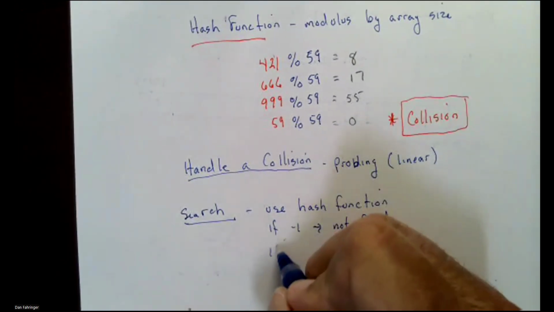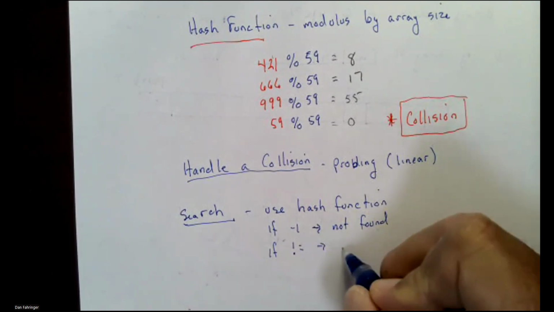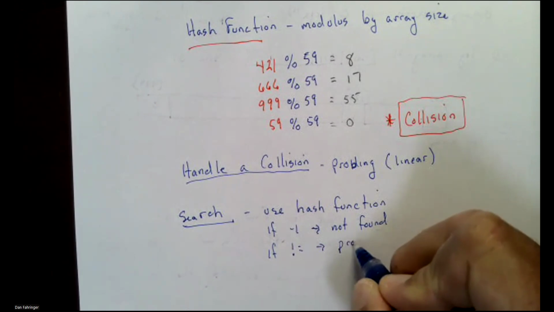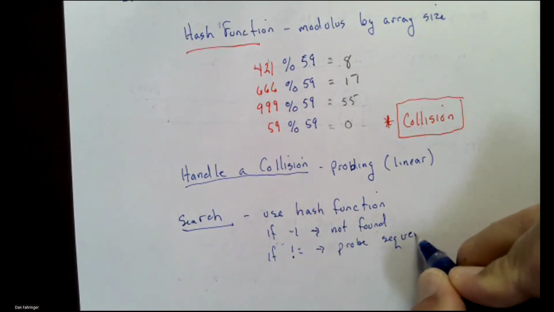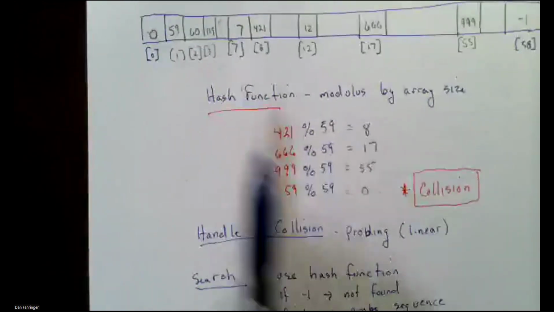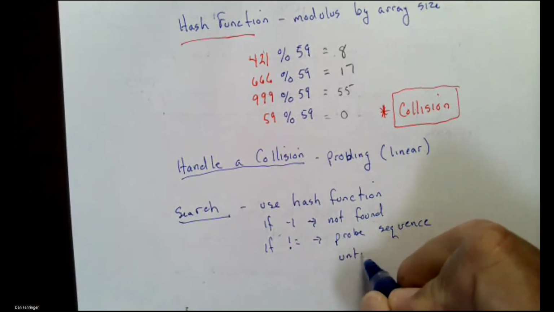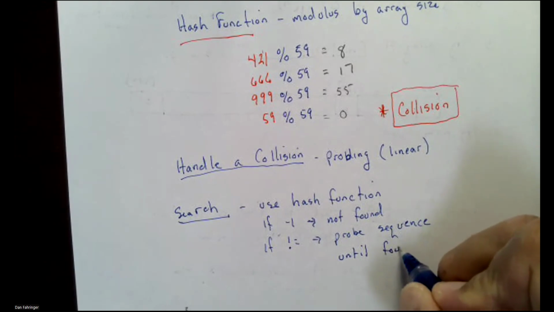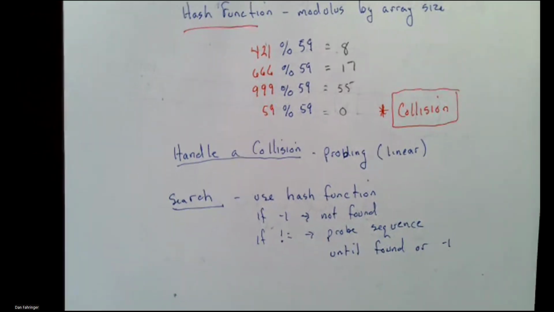If it's not equal, that means I need to start my probe sequence. And I would follow that probe sequence to the right, to the right, to the right, until found or a -1.